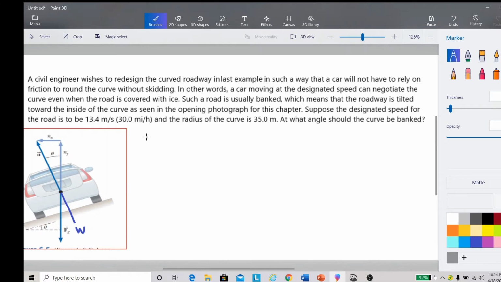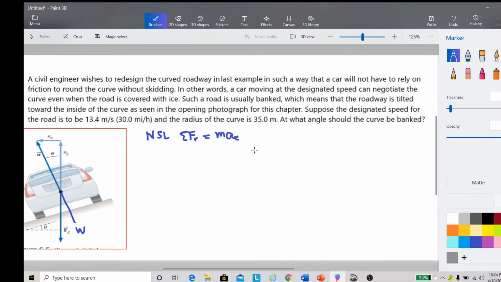So if we will apply Newton's second law of motion, and we say summation of forces at the radial direction, that will be equal to ma, or mass times the acceleration. But what type of acceleration is this? This is negotiating a curve. That will be a centripetal acceleration.